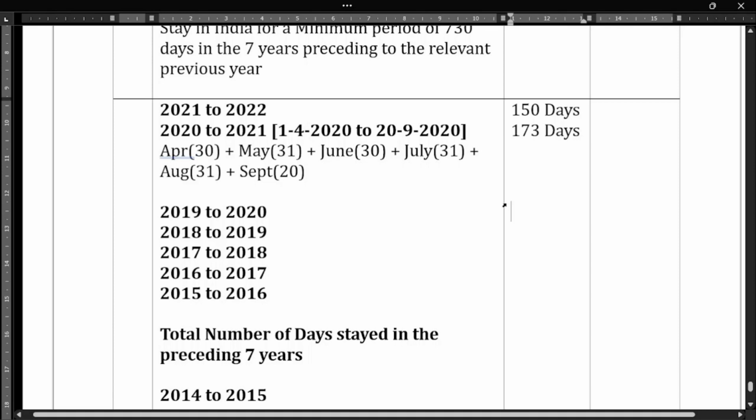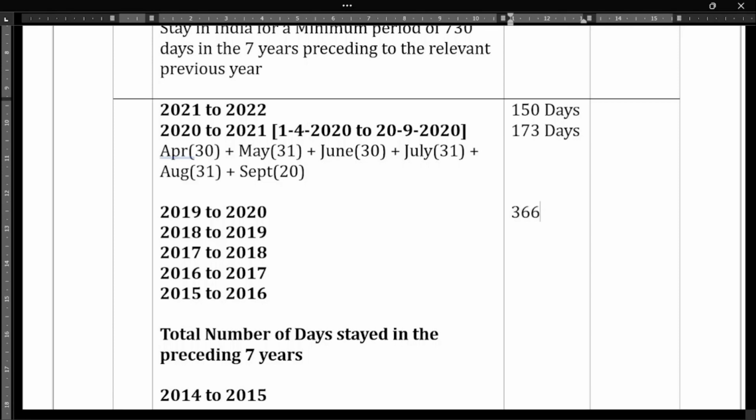Yes, it is a leap year, so 366 days. 2018-19 365 days. Then 2017-18 365 days. 2016-17 365 days. 2015-16 is a leap year, so 366 days.